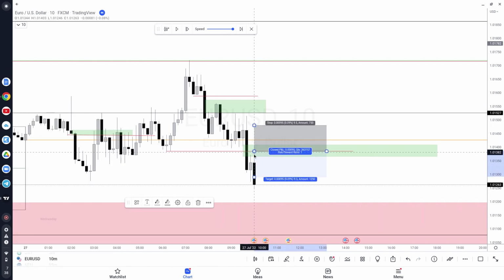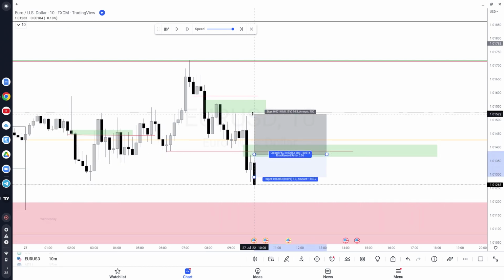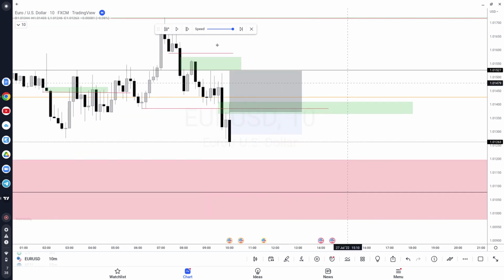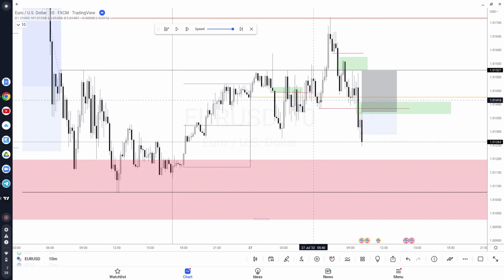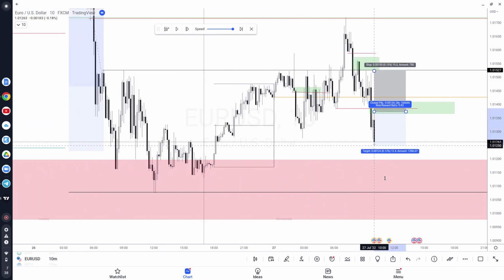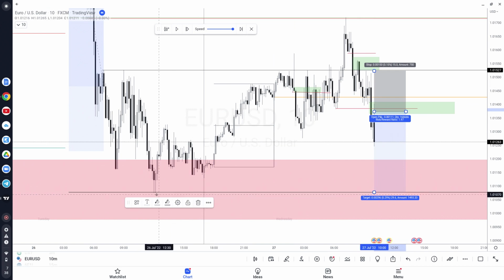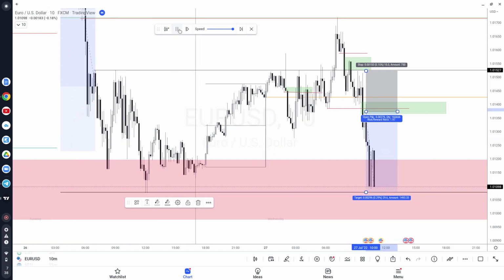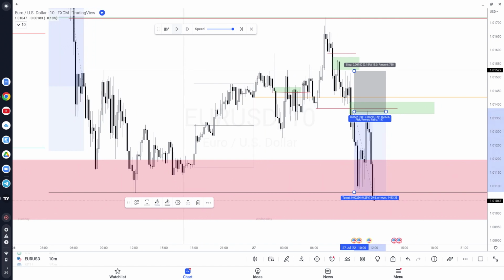And honestly, it would come from here. Stops are above this high, and then we should be targeting here and here, right? You see the equal lows on the lower time frame right here, and then we actually reach that level.